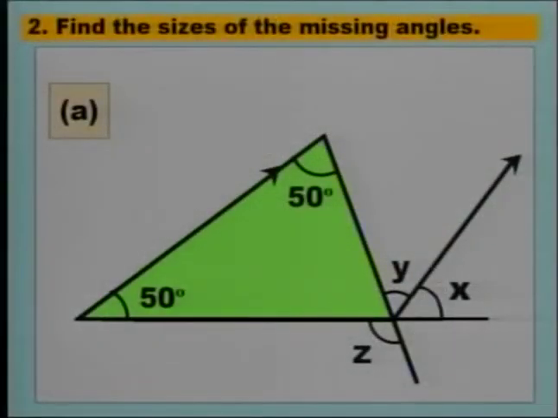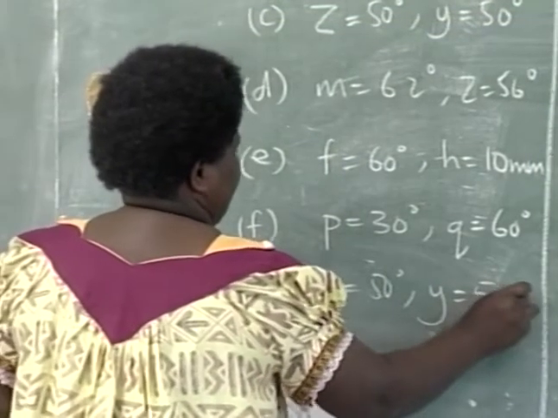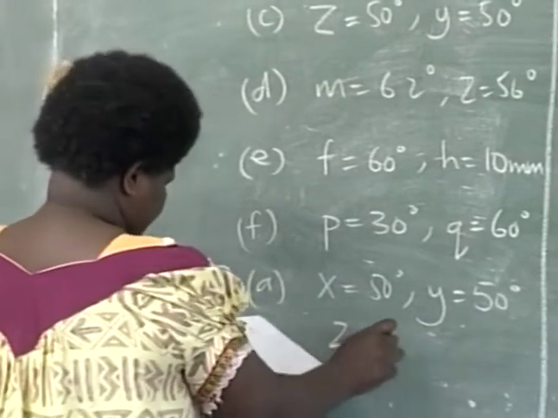Number 2, A. Solomon. X is equal to 50 degrees, Y is equal to 50 degrees, and Z is equal to 100 degrees.